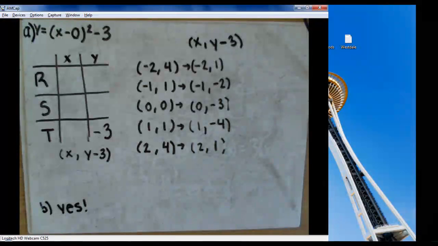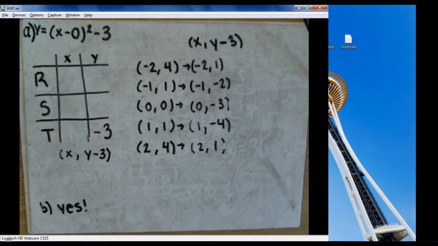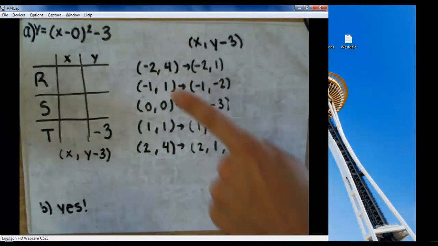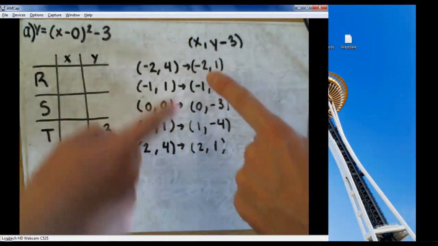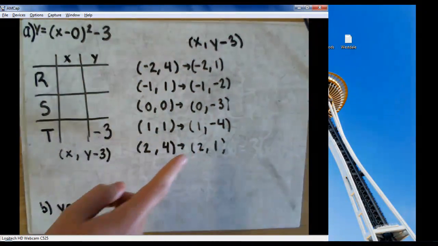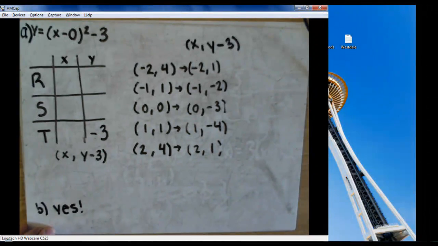There's no reflection because there's no negative sign before the bracket, and there's no stretch because there's no a value. For translation, it's -3 because -3 is the y value. So the new values for x and y are: x stays the same and y turns into y - 3. All the x's stay the same, and all the y values are just y - 3.